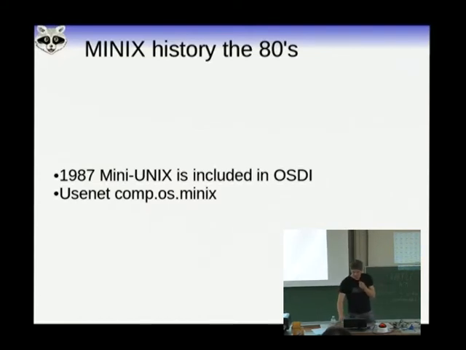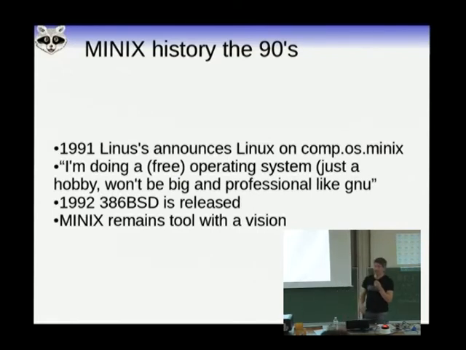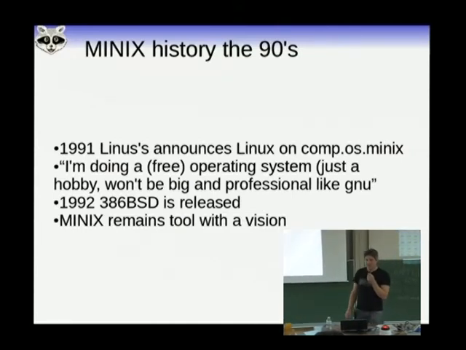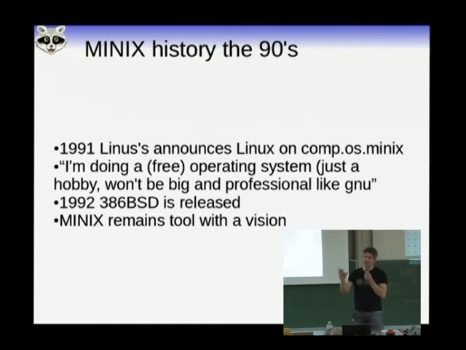Well, that was the 80s. In the 90s, 1991, so only 3 years later, Linus announces on the MINIX newsgroup that he's doing an operating system, nothing big or serious like GNU. Well, who knows. In 1992, 386BSD gets released, and that's also because of the Unix wars.